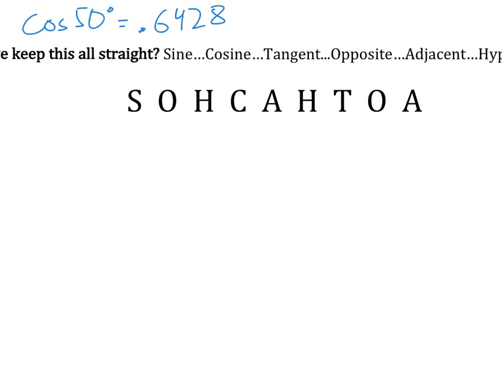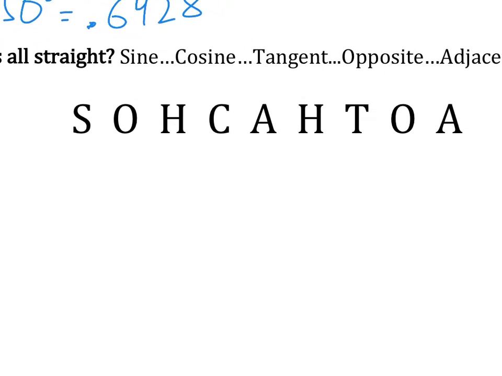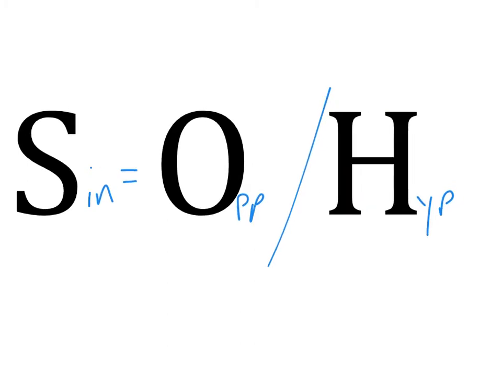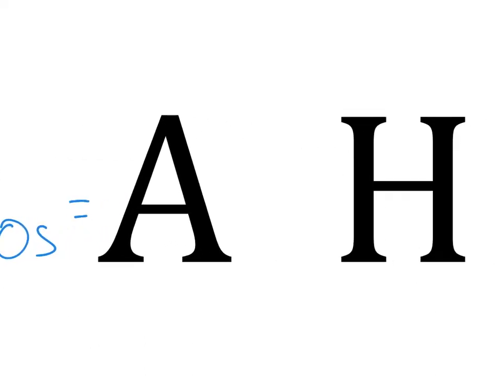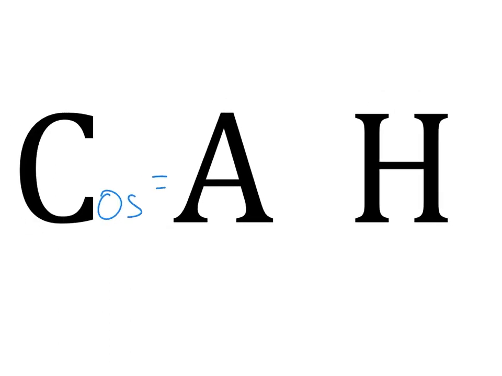You're trying to remember sine, cosine, tangent. You've got to remember all these definitions. Well, here's the key. Sine is equal to opposite over hypotenuse. Then cosine is equal to adjacent over hypotenuse.